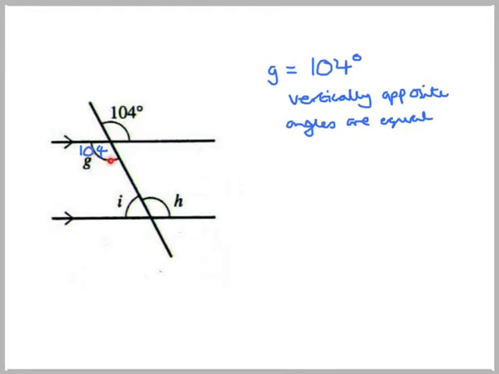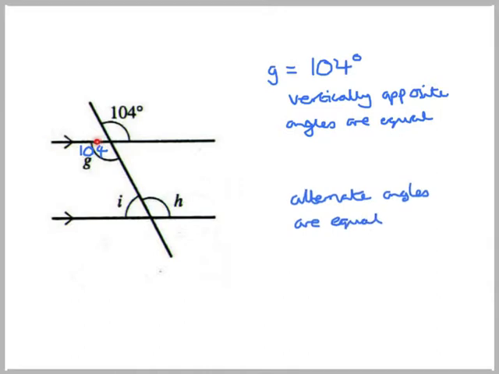Now from there it's possible to work out each of the others. Now this angle and this angle have the relationship that they are alternate to each other. So alternate angles are also equal to each other. Now alternate angles occur where you can draw in a Z shape. And once I finish writing this down, I'll show you where that occurs.